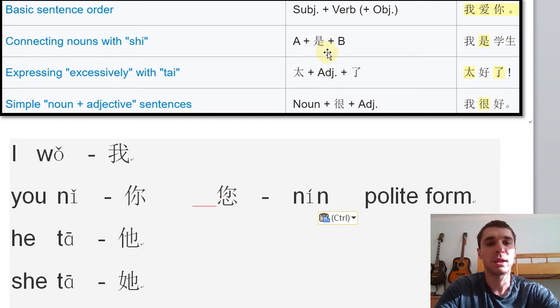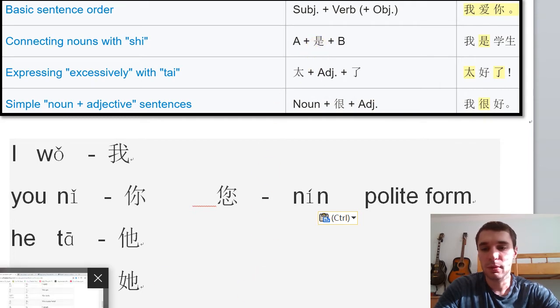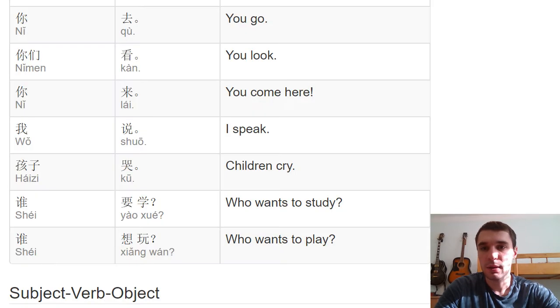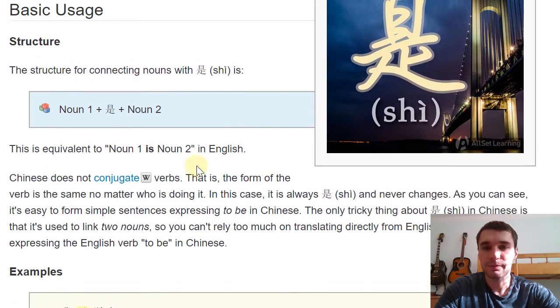But with 是 we can connect only nouns. We cannot connect a noun with an adjective. For example, it is good. I cannot say it like this. I can say, I am a student, for example. 我是学生. Okay? Let's read about this and look at some examples here.